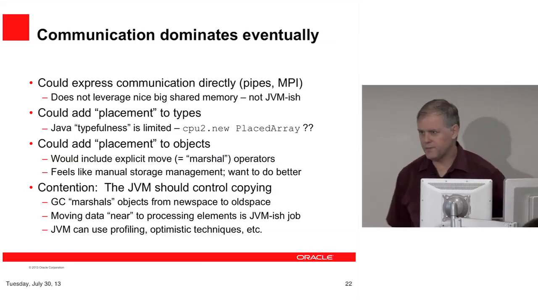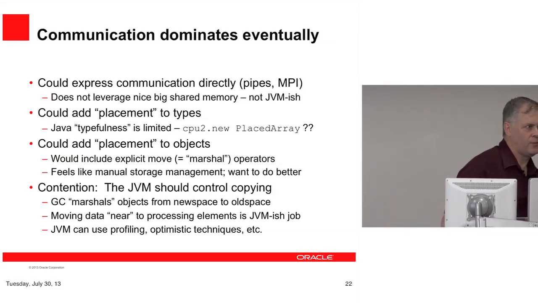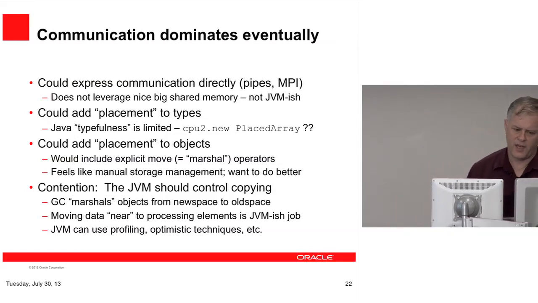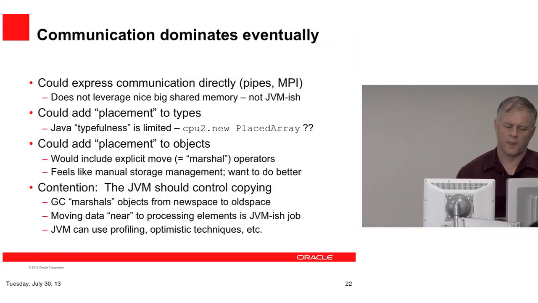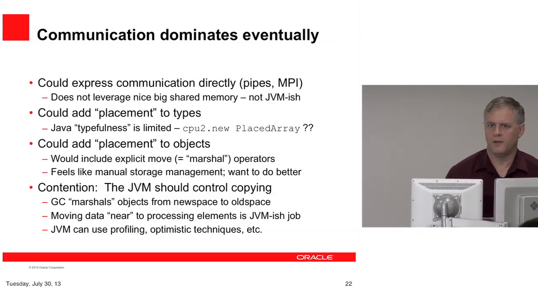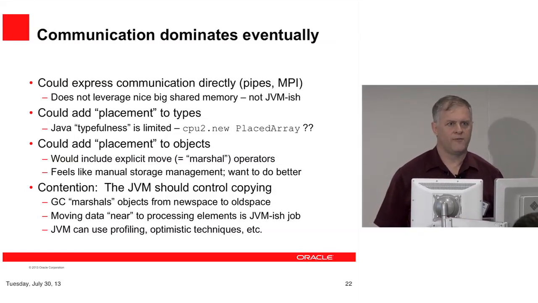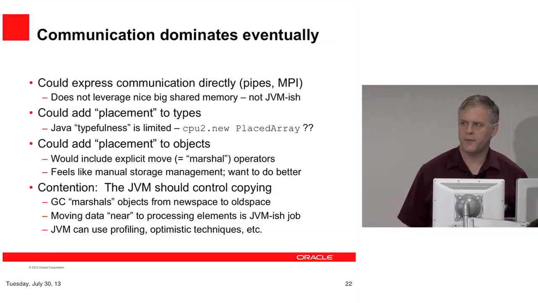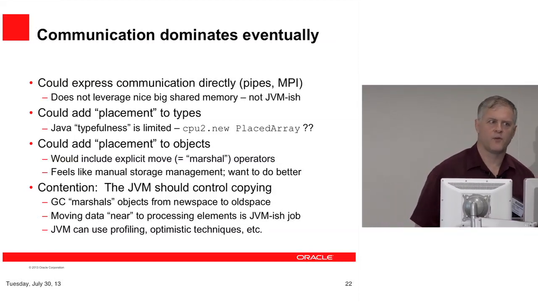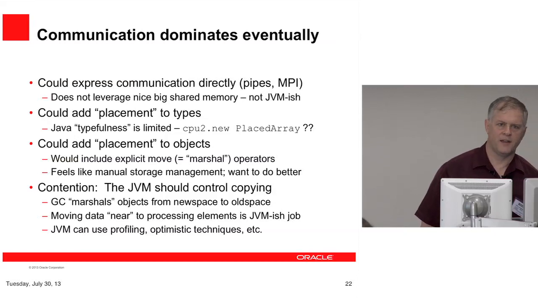But here's my contention that comes out of this piece of the whiteboard drawing, and that is that the JVM should control copying. Copying not only of new space to old space, but from CPU space to GPU space. That feels like the right level of abstraction to be cutting things at.